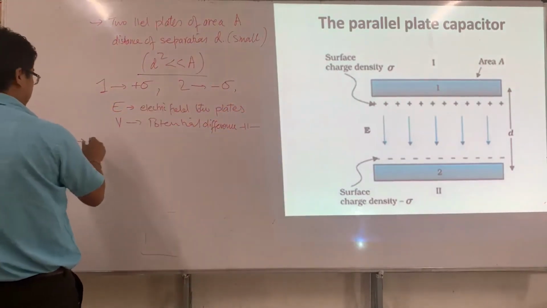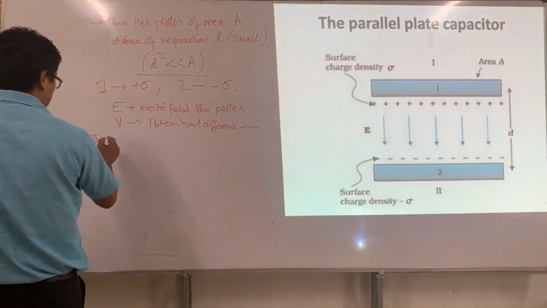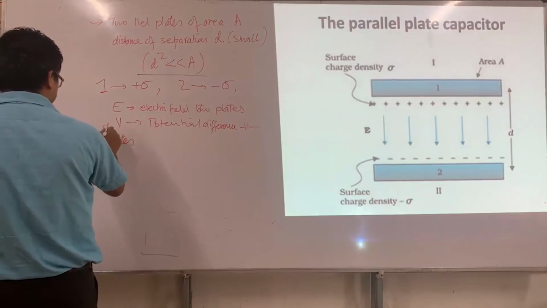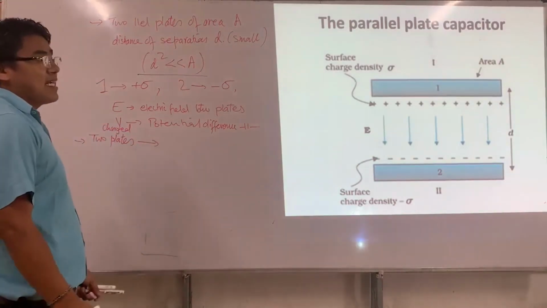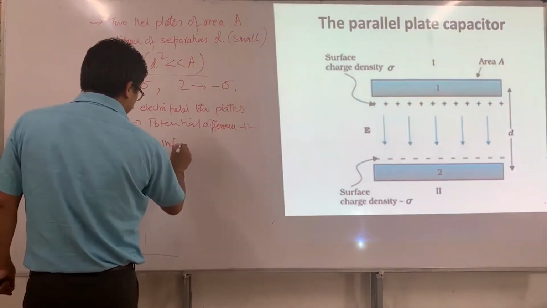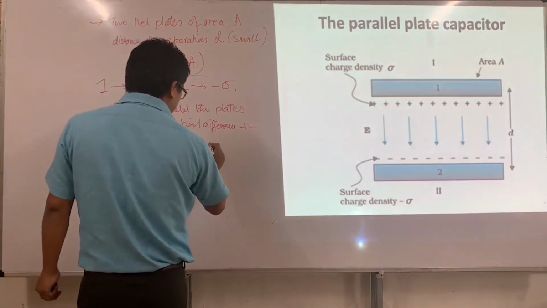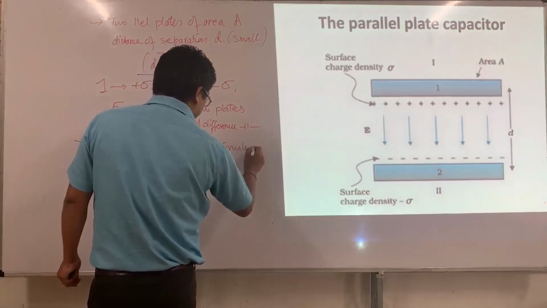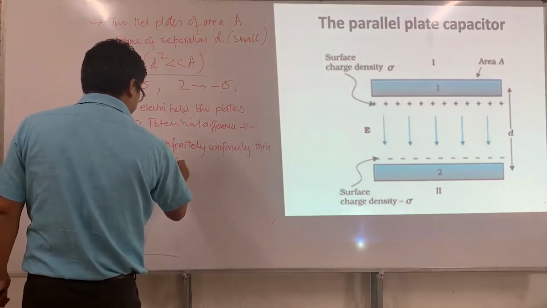Now we say that this is a very important approximation, right? The two charged plates act as infinitely thin, uniformly charged plates.